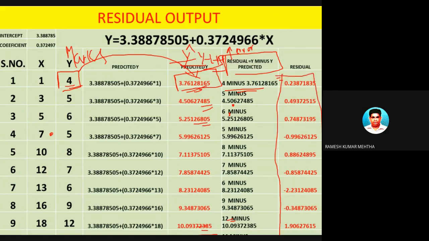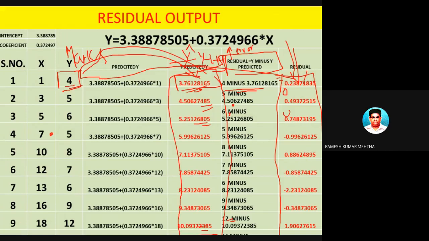Please remember, if you want to have a model which can predict the dependent variable, the error should be less, almost zero. Means what? This predicted y should be near to y values, then only the model is said to be a very strong model.